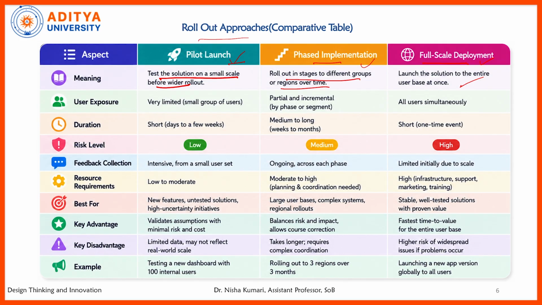Pilot launches are best for new, untested solutions and high uncertainty initiatives, while phased implementations are useful for large user bases, complex systems and regional rollouts. Full scale deployment is for stable, well tested solutions with proven value.